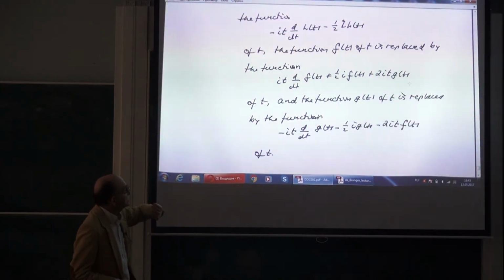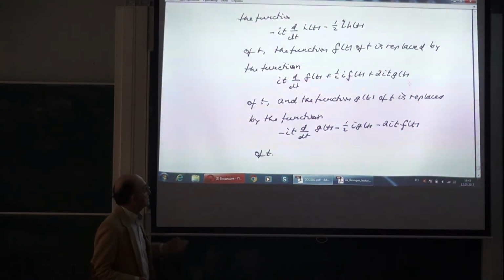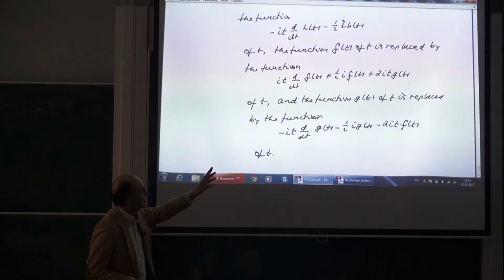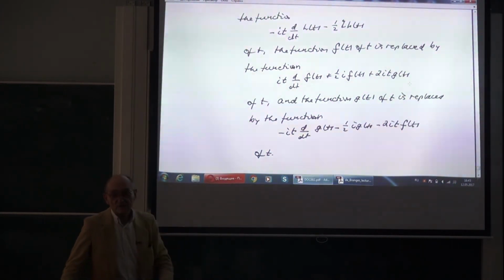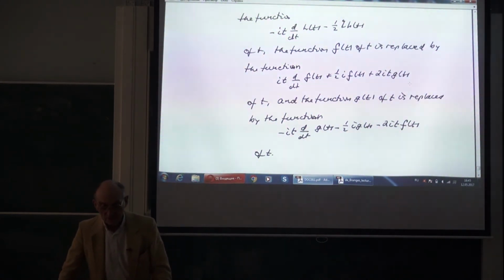But there's a surprise. There's an extra term; somehow the f and g are mixed in the new operator. So you get a non-trivial operator when you use the Sonine theory.